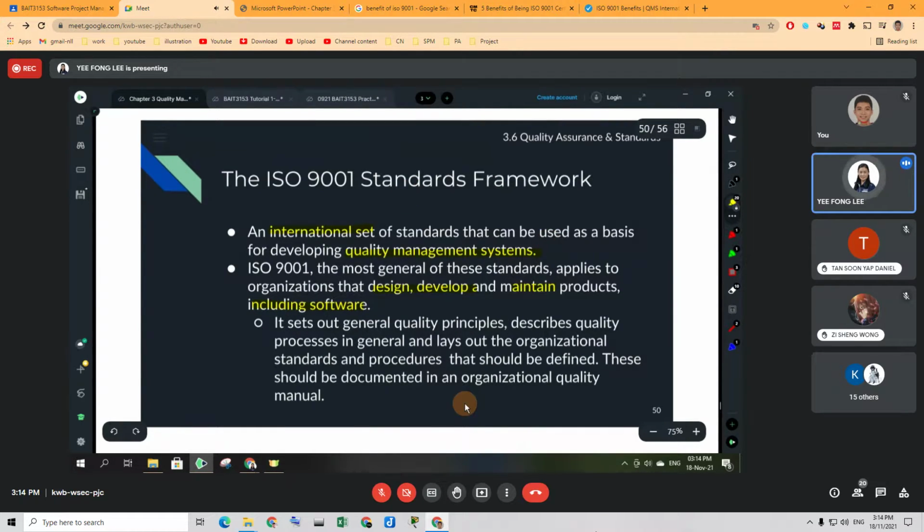There's nothing wrong. What else here? Quality process, you see, it sets out general quality principles. Describe quality process. So we can take it as a reference. Lay out the organization standard procedures that should be defined. And this should be documented in the organization's quality manual.